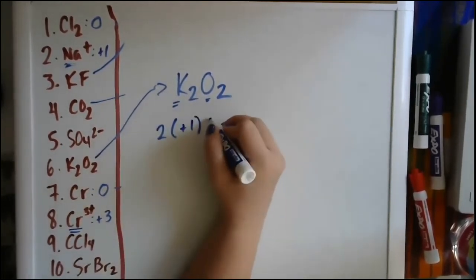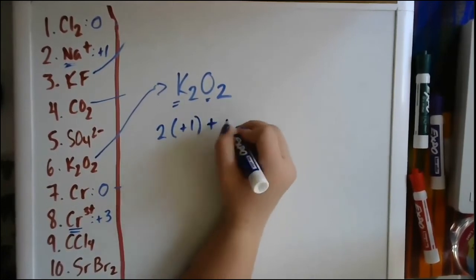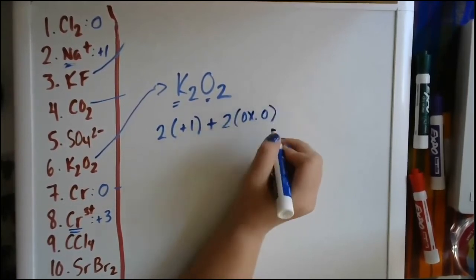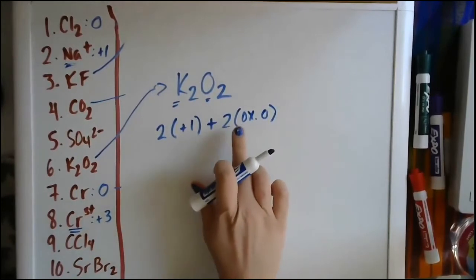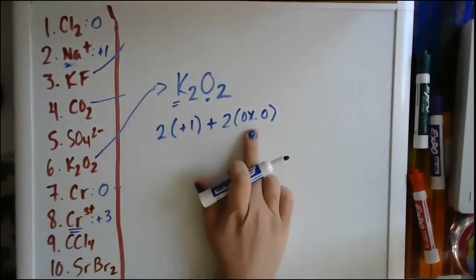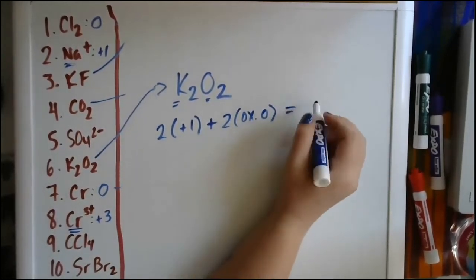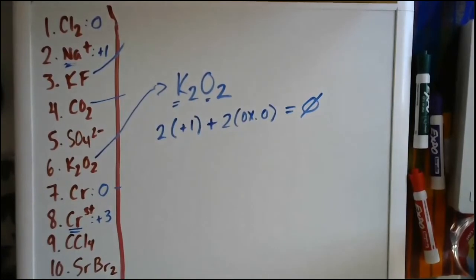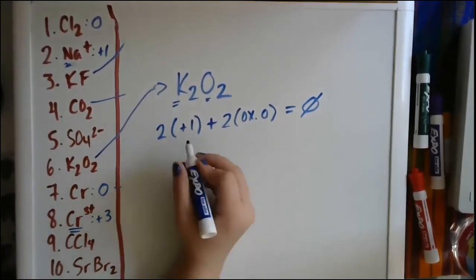We know that when we add the oxidation state of potassium to 2 times the oxidation state of oxygen, these things have to equal 0 because this is a neutral compound. So 2 times 1 is 2.